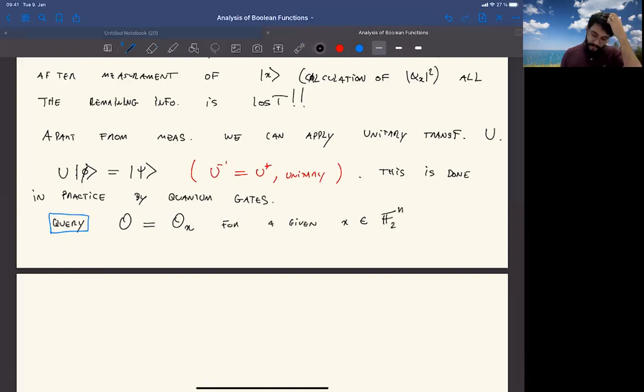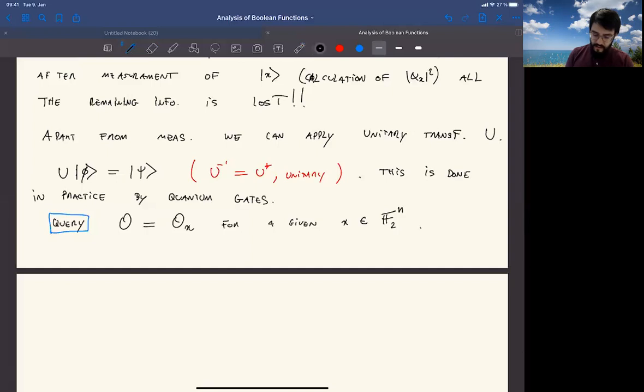Because in the end, what you want is an input x, which is a classical input, zeros and ones, and you want an output, which is also a classical output, just a 0 or 1, true or false. And how you're going to actually input that into the quantum computer, and how you're going to output the 0 and 1. So for the output, there are different ways to do it, but the input seems to be one way only, which is the following.